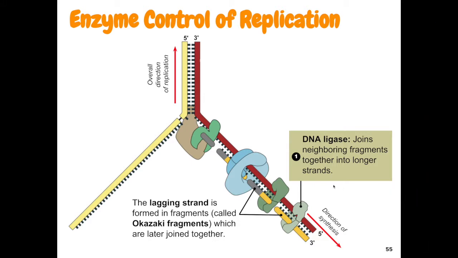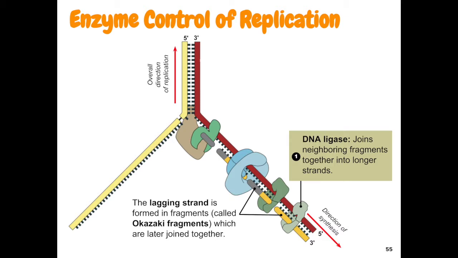And DNA ligase is going to go in and join the neighboring fragments that were separated. One thing that I want to point out is that DNA polymerase can only add to the 3' end of the deoxyribose sugar.